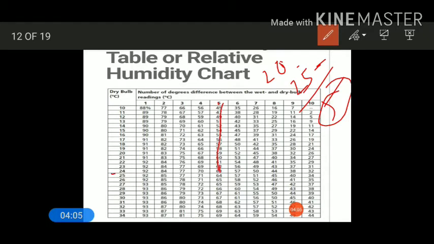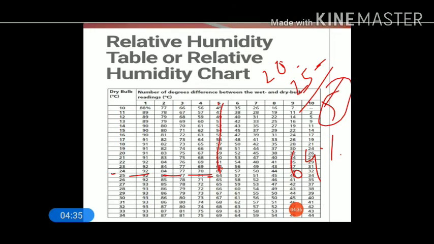So this is the line. It intersects at this point, so 64% is the relative humidity of that area if the dry bulb temperature is 25 degrees Celsius and the wet bulb temperature is 20 degrees Celsius. So with this process we can find the relative humidity of any area with the help of this chart and by following these steps.